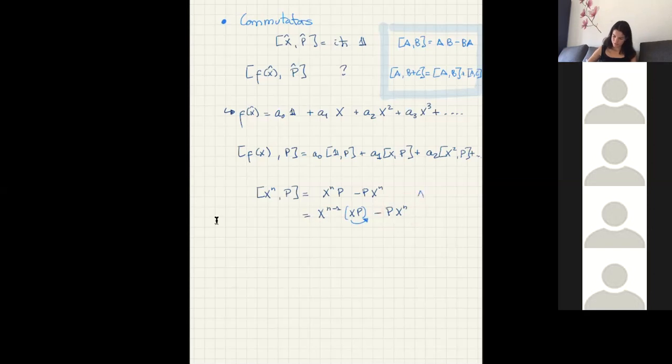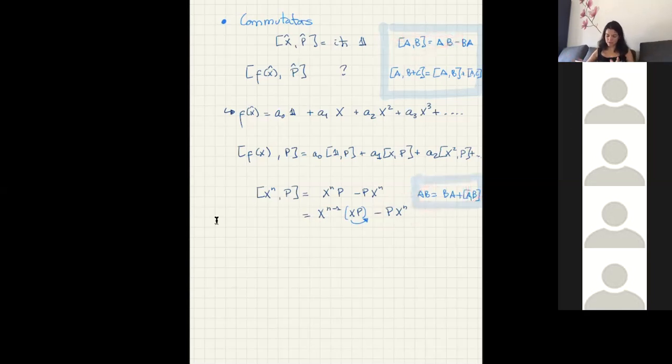And of course, we know that AB is going to be BA plus the commutator, right? Just from the definition, from here we go directly there, right?